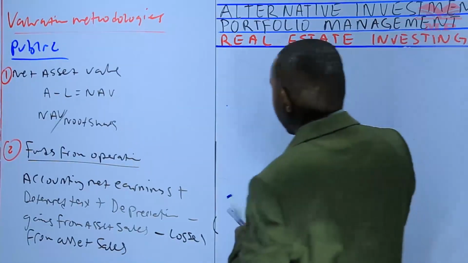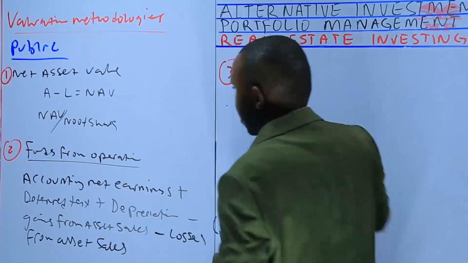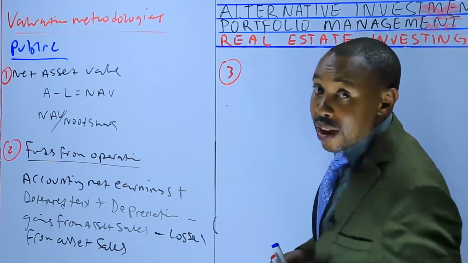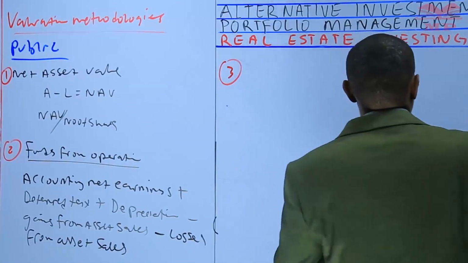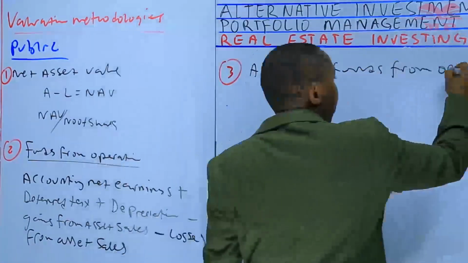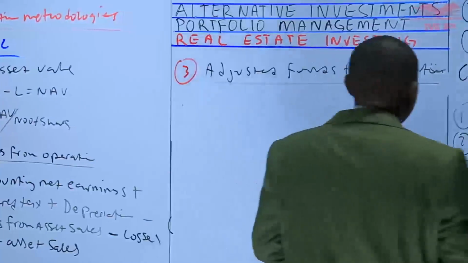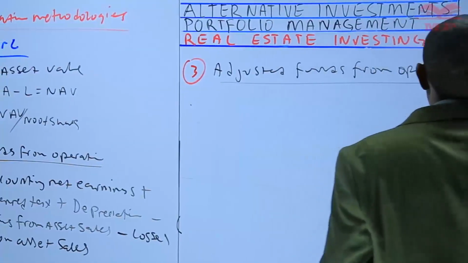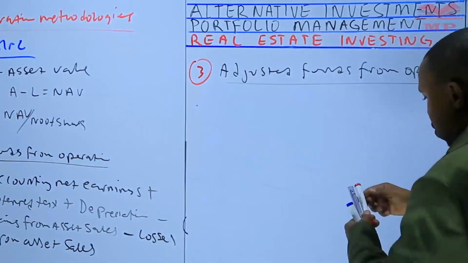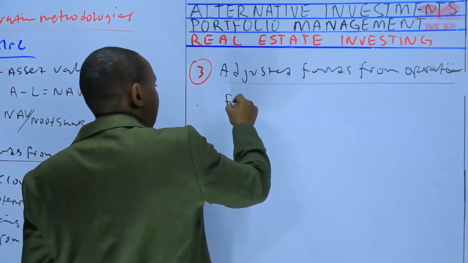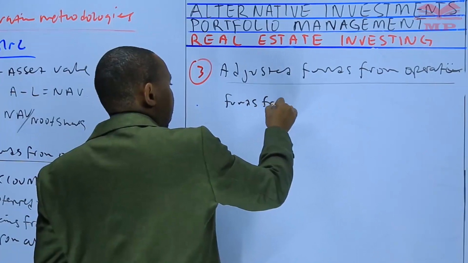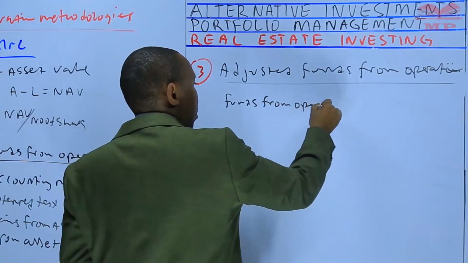Number three is adjusted funds from operations. In getting adjusted funds from operations, we begin from the FFO, or funds from operations.